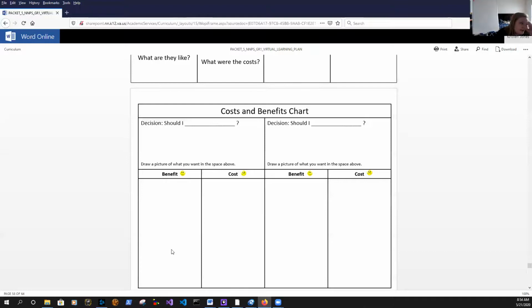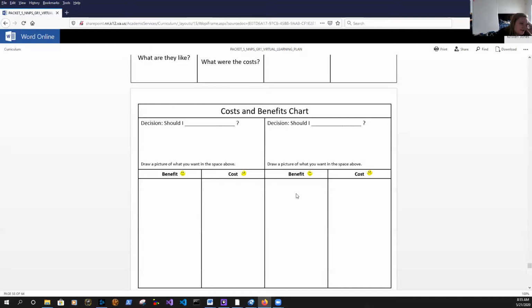And then you need to make a list of the goods and the bads about getting each. So benefit means what would be good about choosing to buy this thing? How would it help you? Cost is, as we see a sad face, what might be a negative or a bad thing about choosing to buy this?